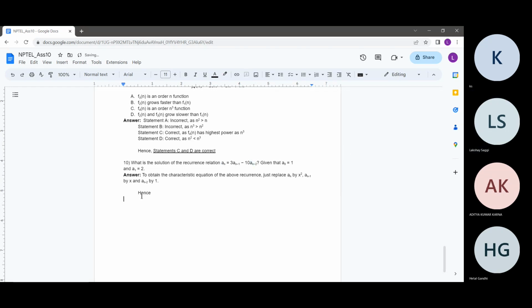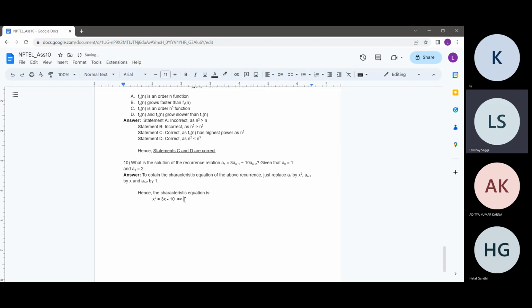Let's write this down here: x squared equals 3x minus 10. I hope you guys see how I did that. a_(n-2) is replaced by 1, a_(n-1) by x, and a_n by x squared. So this is the characteristic equation.